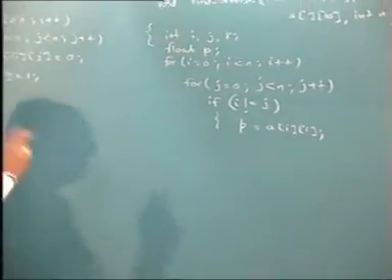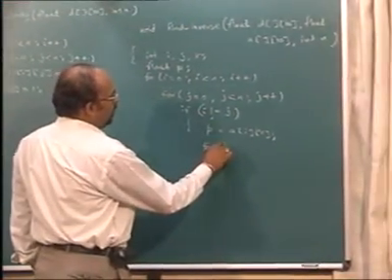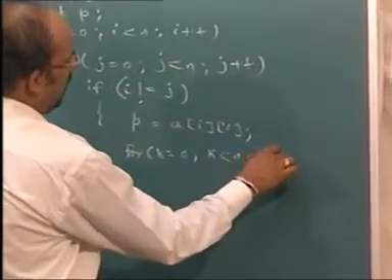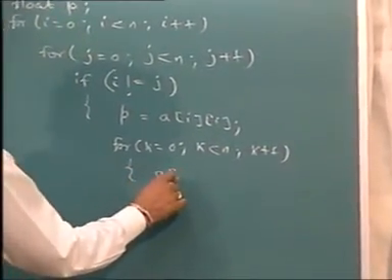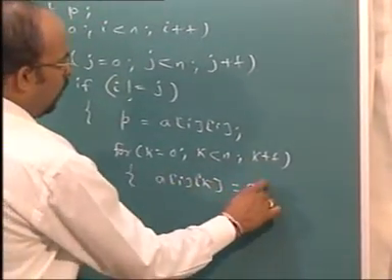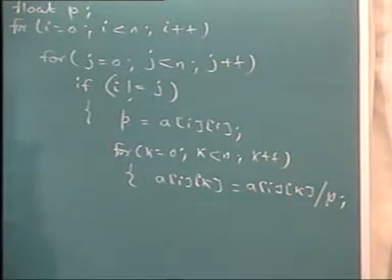But under the assumption that it will never become 0, we can go further and write one loop for k equal to 0, k less than n, k plus plus. I will have to say A of ik equal to A of ik upon P. So I am dividing the entire ith row by the diagonal element. Ultimately the diagonal element will become 1 and all other elements will change.